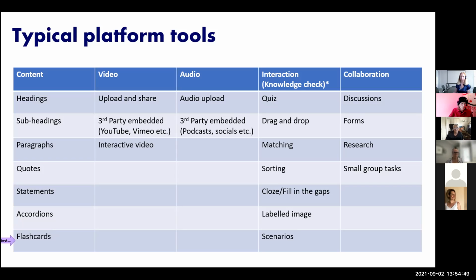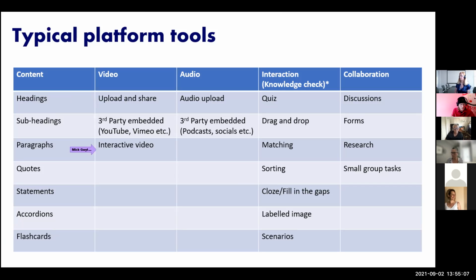And then with video, you can upload it to your LMS, but we don't recommend that. We recommend you put it up to a third-party video tool and then embed it, so that they take the bandwidth for you. And some tools allow you to create interactive video. So you bring a third-party video or your own into the tool.